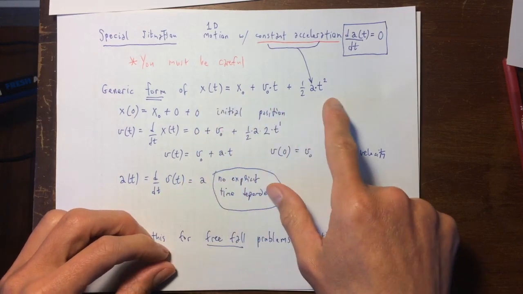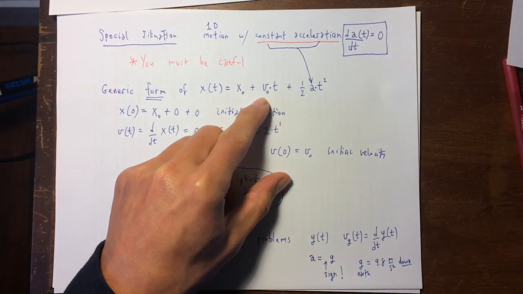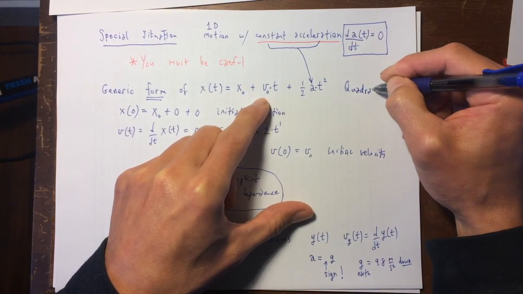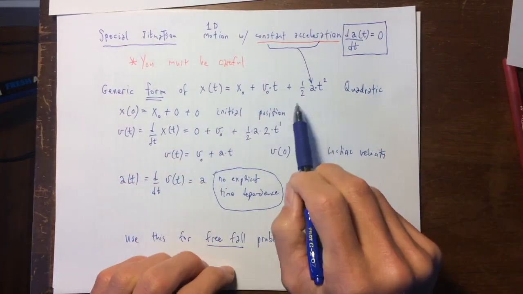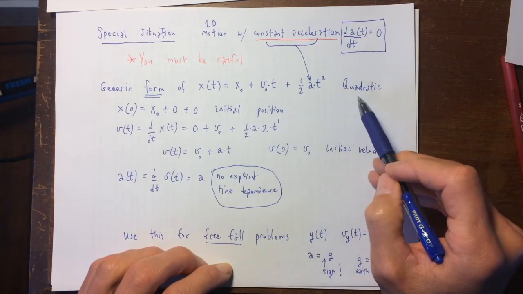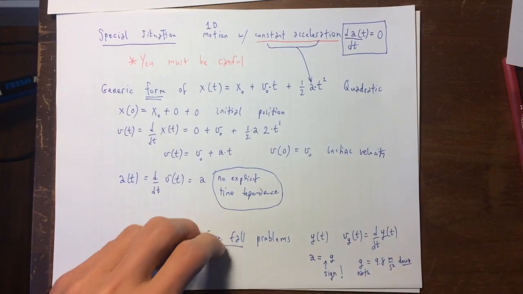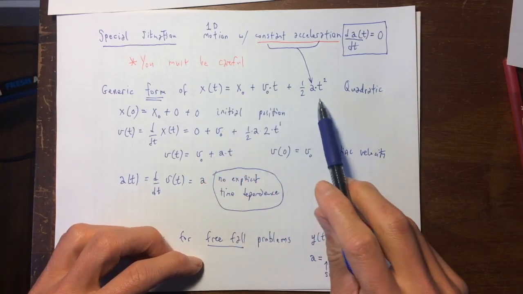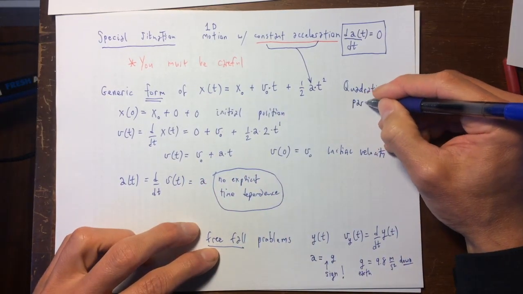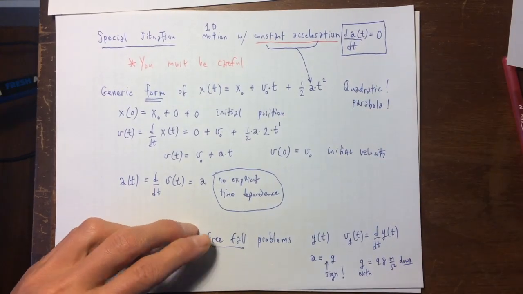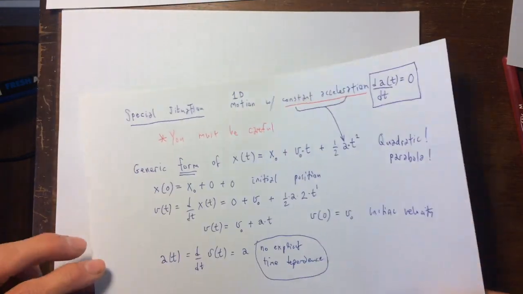Here is position as a function of time, so-called quadratic in time. Quadratic means that sometimes if you have problems that look like this and you want to solve for t, you have to use the quadratic formula. And functions of this type look like parabolas, for example. So I'll put the word parabola. So this is quadratic, parabolic style functions.